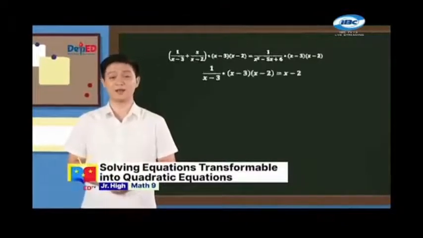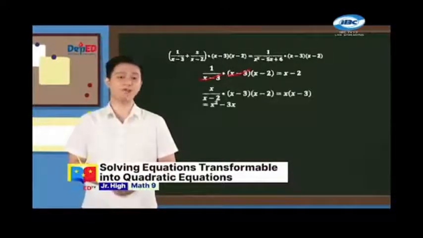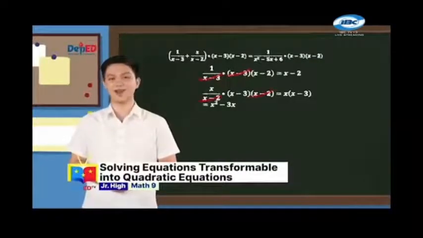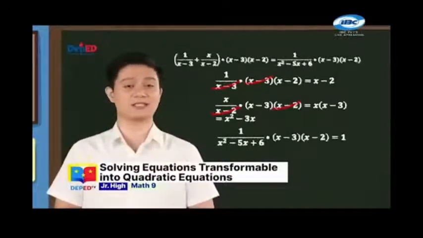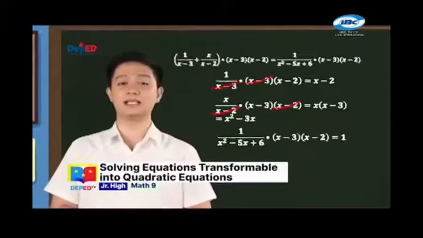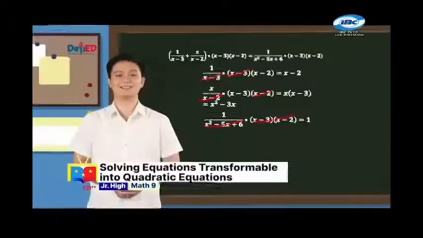1 over x minus 3 times the LCD is equal to x minus 2. X over x minus 2 times the LCD is equal to x squared minus 3x. 1 over the trinomial x squared minus 5x plus 6 times the LCD is equal to 1.